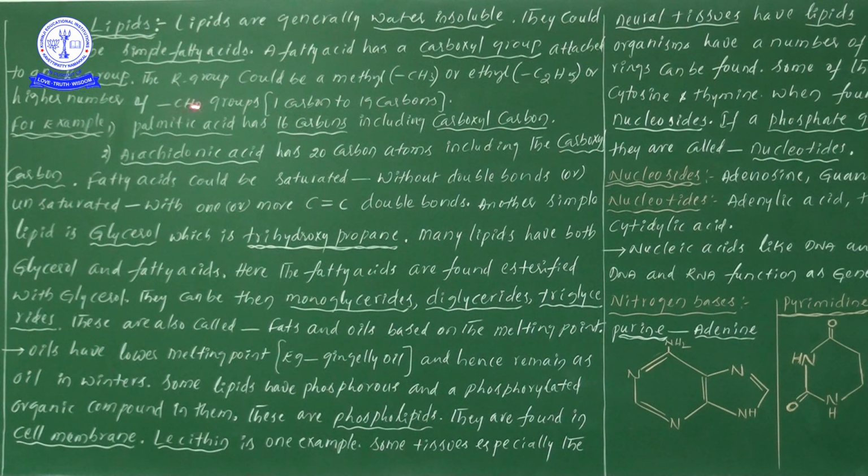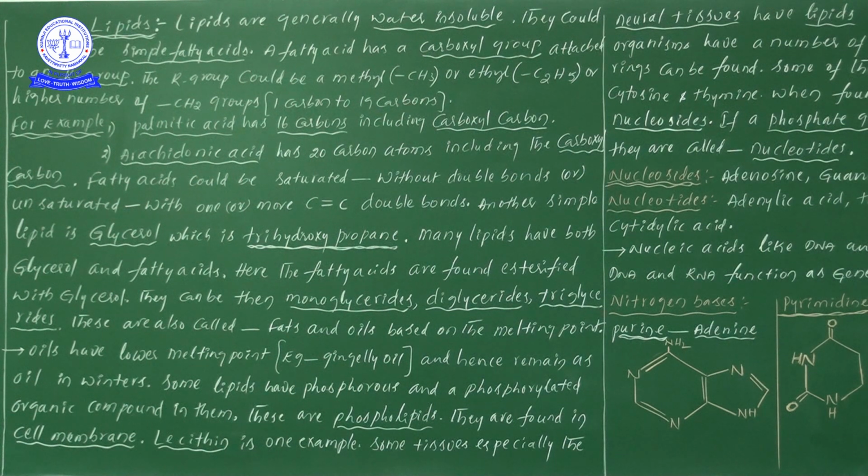That's why we are discussing two examples. One, palmitic acid: how many carbons? 16 carbons including carboxyl carbon. Next, arachidonic acid has 20 carbon atoms including carboxyl carbon. Next, fatty acids could be saturated.